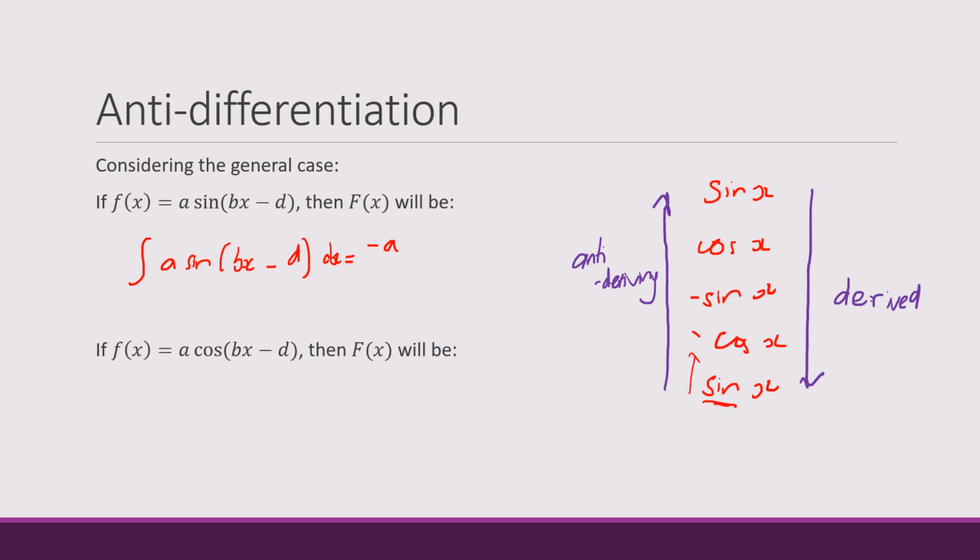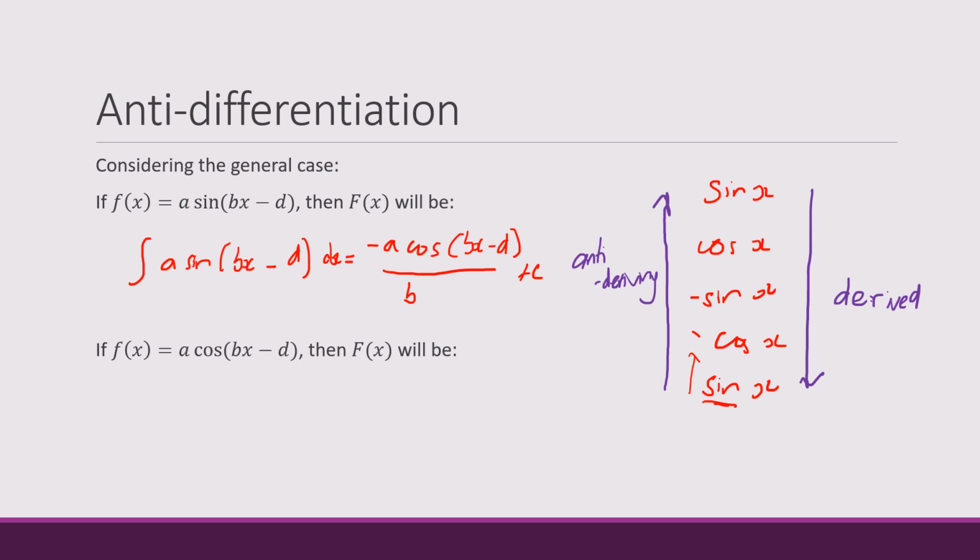So negative cos bx minus d, divided by the derivative of what's in brackets. The derivative of bx minus d is just b, so we divide by that, plus c, our constant at the end.